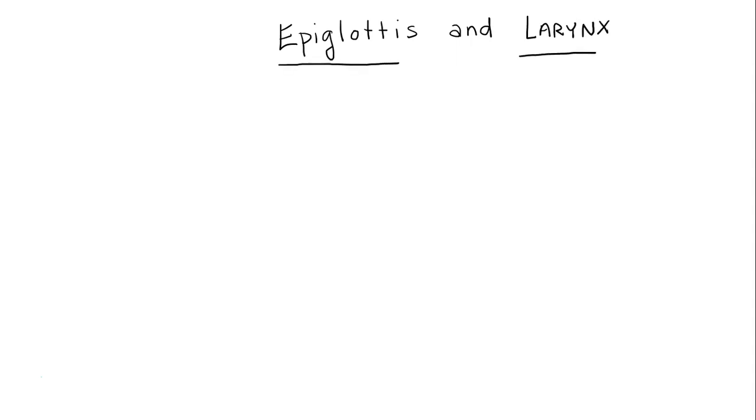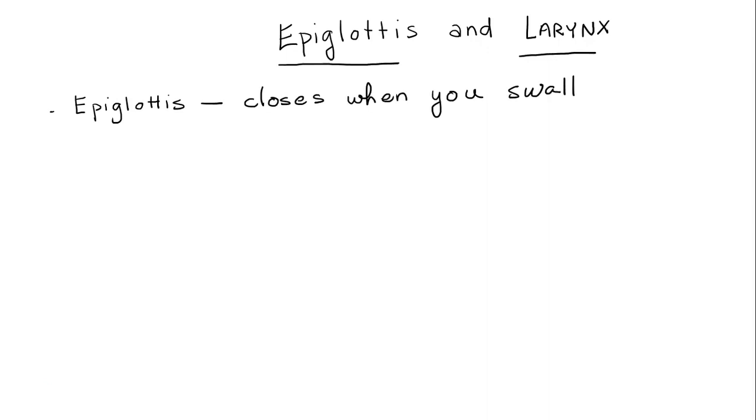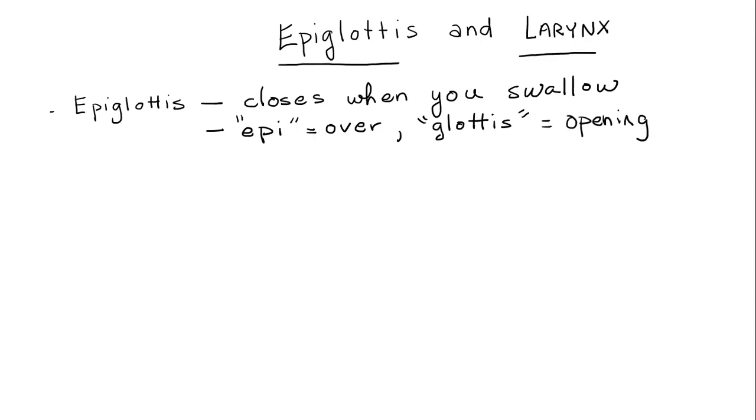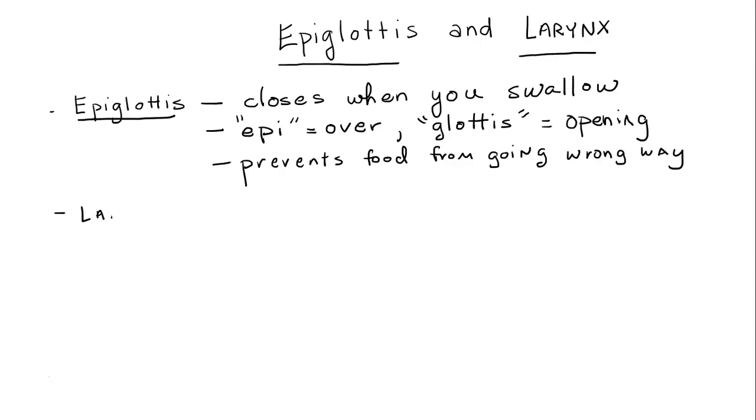The epiglottis is a piece of tissue that is going to close when you swallow, and it closes over the larynx. Epi means over, and the glottis is the opening in the larynx. And the purpose then is to obviously prevent food from going down into the wrong passageway, into the trachea. Food is supposed to go from the esophagus to the stomach.